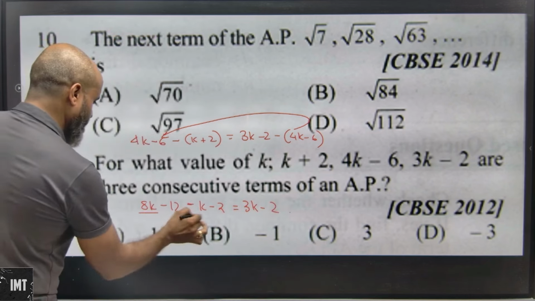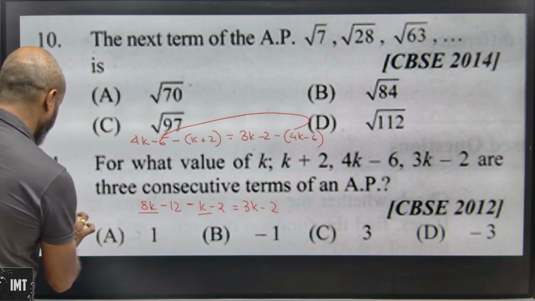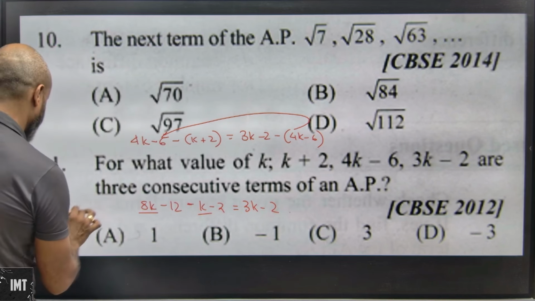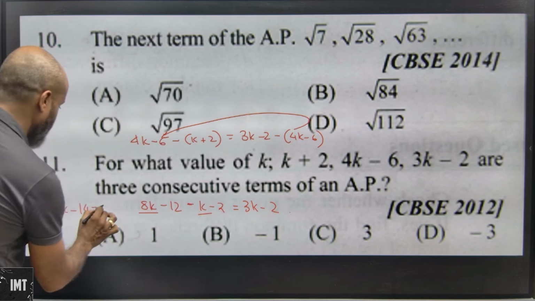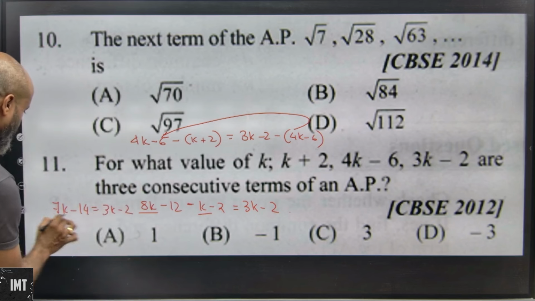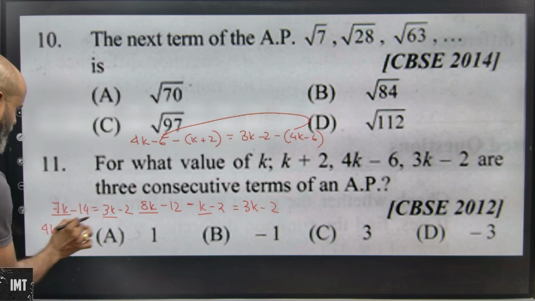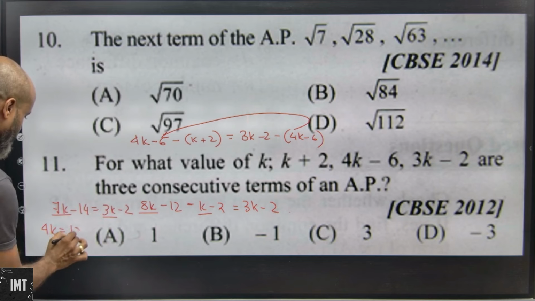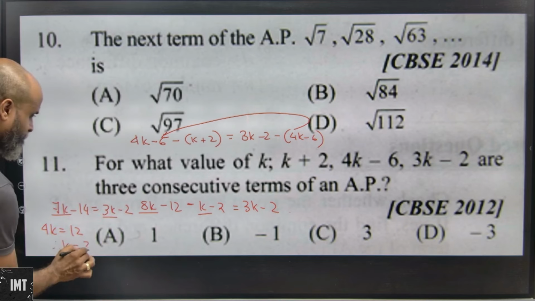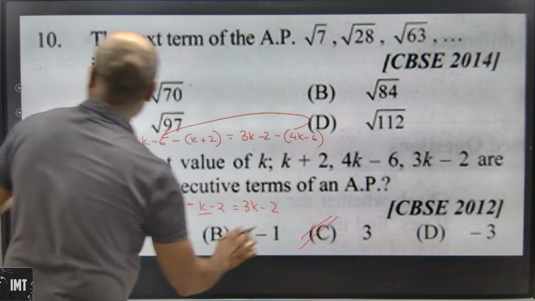So 8k minus k, that is going to give you 7k. Minus 12 minus 2, yes, that's going to be minus 14. 3k minus 2. So 7k minus 3k, that gives you 4k. Minus 2 plus 12, that is minus 2 plus 14. So that gives you 12. So therefore k has a value of 3. This would be the correct option.